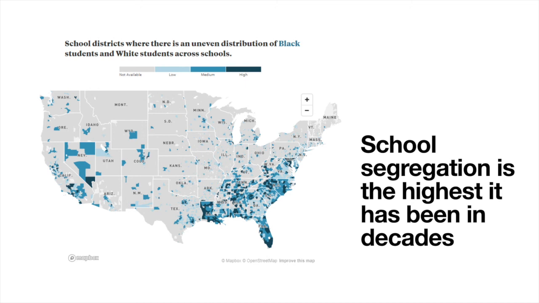In fact, the United States now is the most segregated it's been since Brown. Think about that for a moment. And this map is actually a little misleading because segregation is at higher levels in northeastern cities than in southern cities.